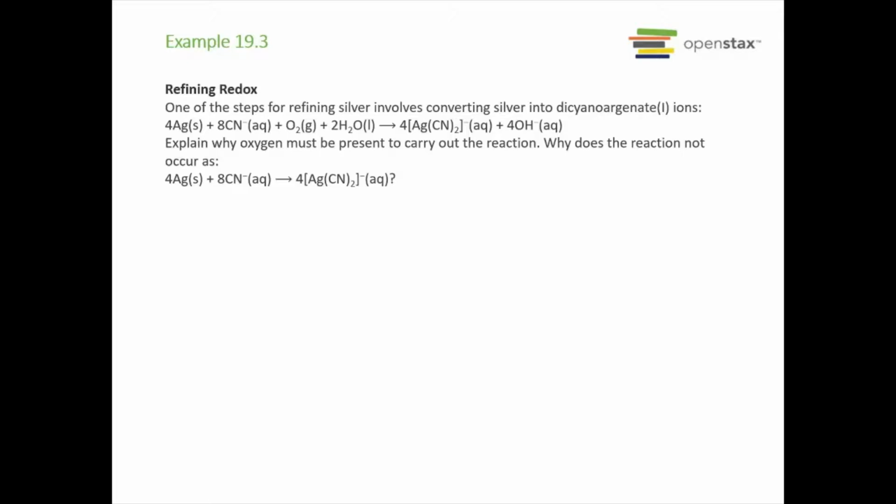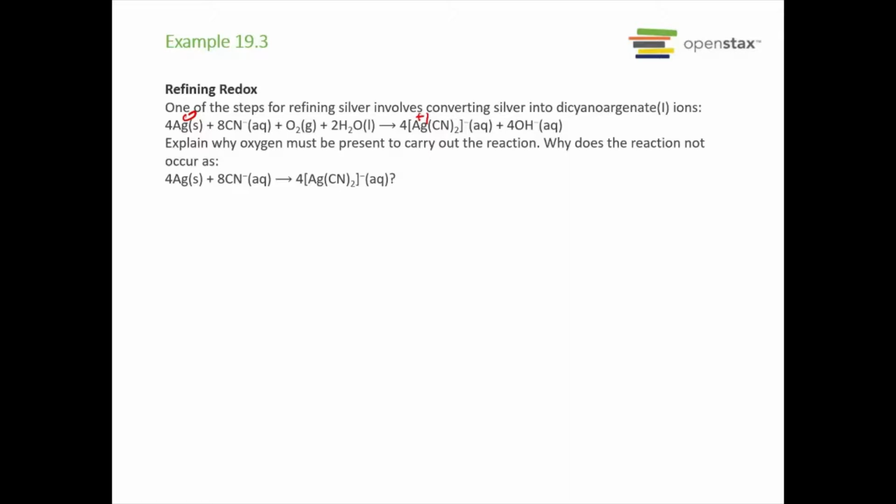And that's because we need to have charge balance. The silver atom is being oxidized from 0 to +1. So you can see the silver here is going from 0, and then it has an oxidation state of +1. Nothing's happening to the oxidation state of any of the cyanide at all. So the hydrogen doesn't change, so the oxygen has to be changing in its oxidation state.